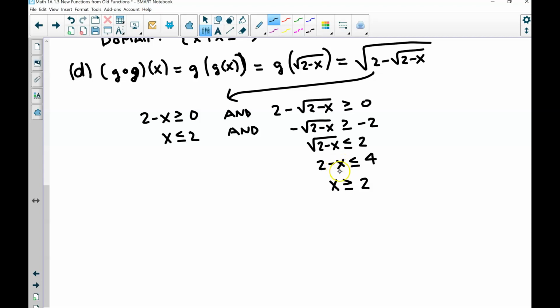I'm sorry, when we divide that by negative, we should get x is greater than or equal to negative 2.